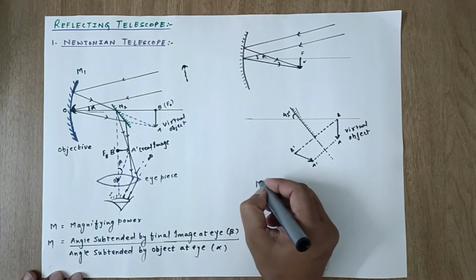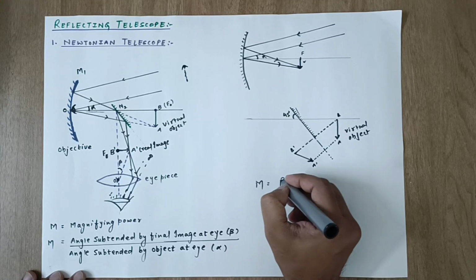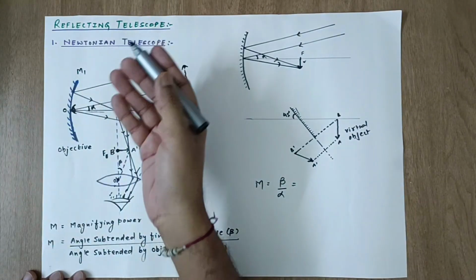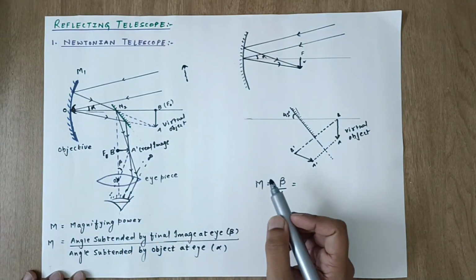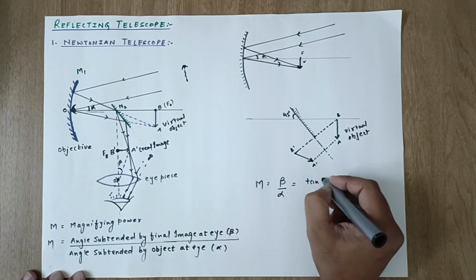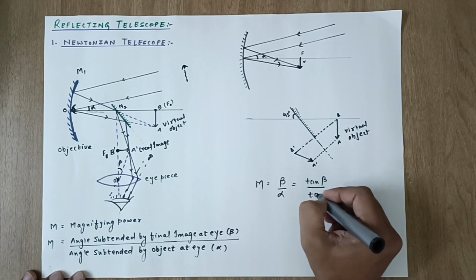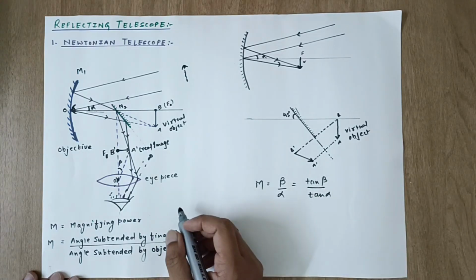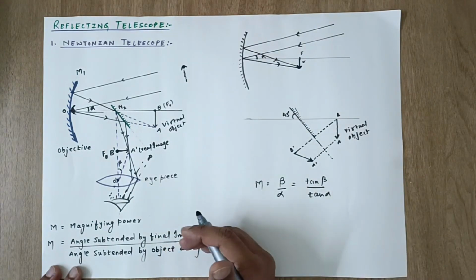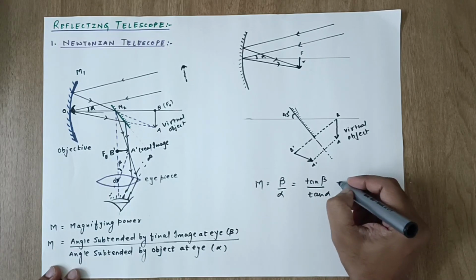Now magnifying power is equal to beta upon alpha, but since all angles are very, very small, we take the examples of the paraxial rays. That's why we can consider tan beta upon tan alpha. That is due to the fact that if angles are small, sine theta, tan theta and the angle in radian are considered to be the same.